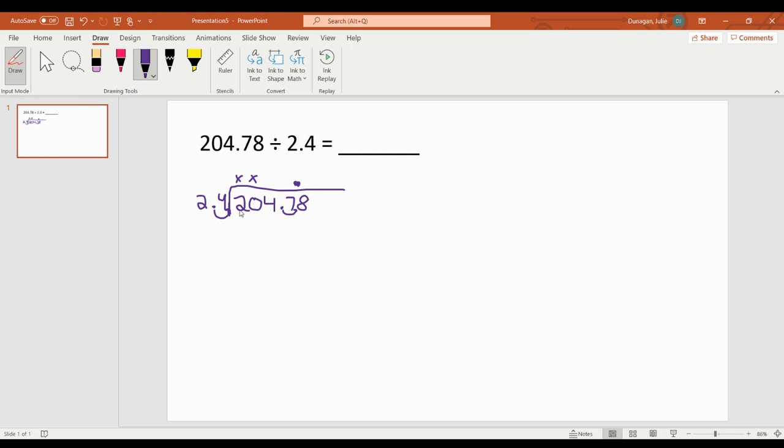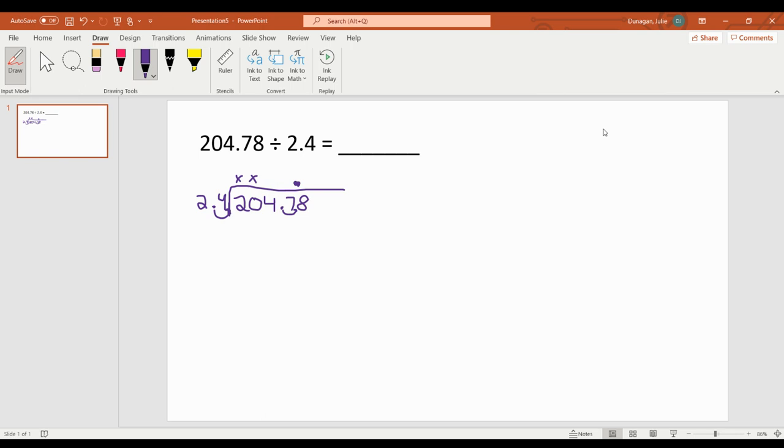Now I'm going to look at 204. And I need to think about how many groups of 24 are in 204. Well, I don't know. I can't do that multiplication in my head. So what I'm going to do is write some equations over here to help me.